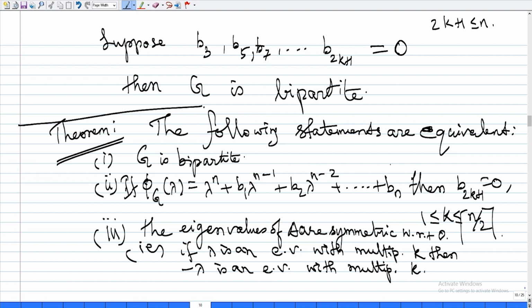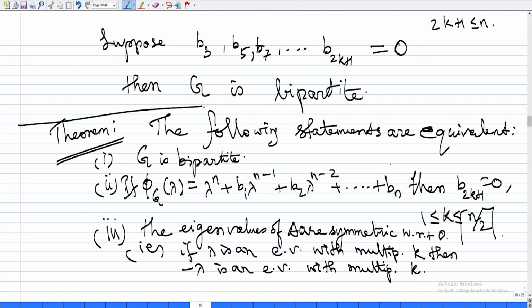It is equivalent: 1 is equivalent to 2, 2 is equivalent to 3 and 3 is equivalent to 1. Any bipartite graph satisfies this, and if it happens then my graph has to be bipartite. This is how we characterize from the eigenvalues.